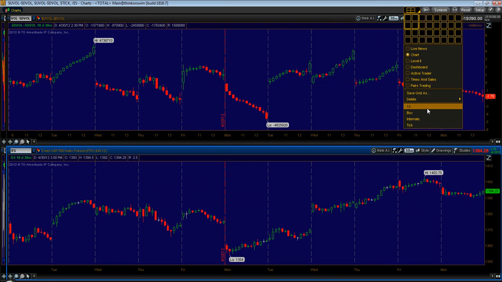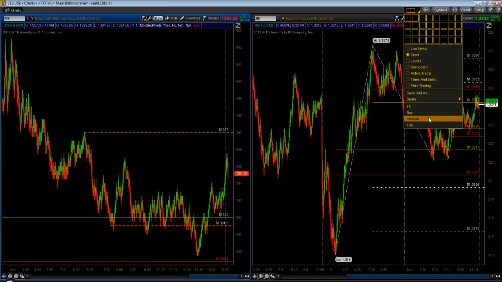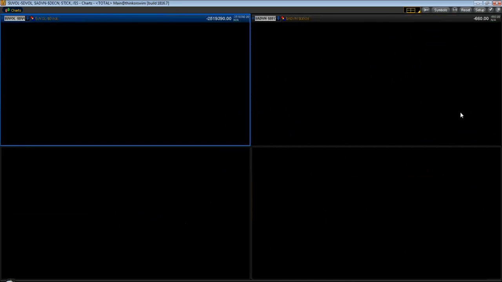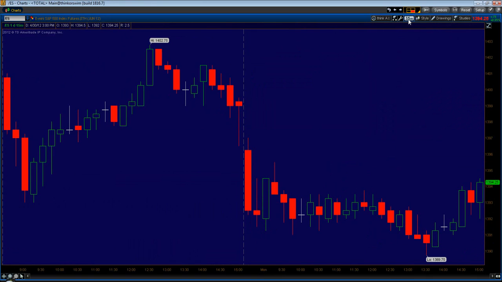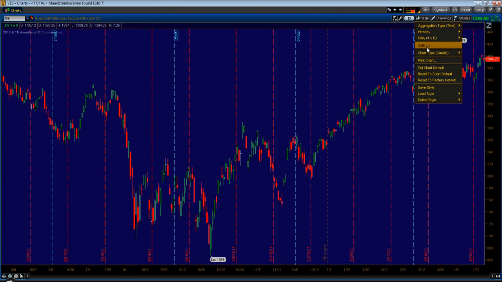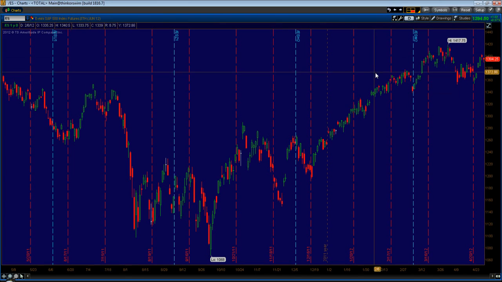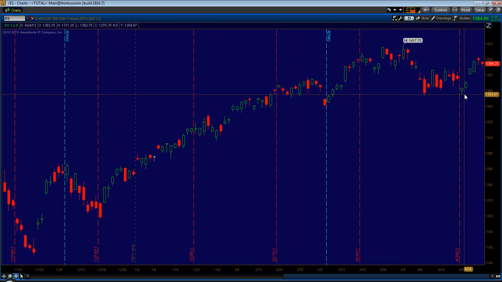And if I flip back to a daily, actually, let's see, I want to go to internals, no, box. If I pull up the ES on a daily chart, this is trading hours only data. You'll see that the ES has been moving higher, but we have started to briefly pull back.